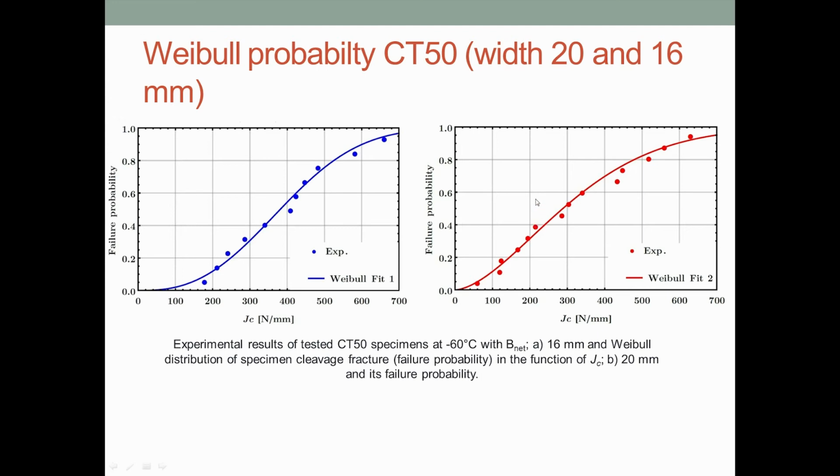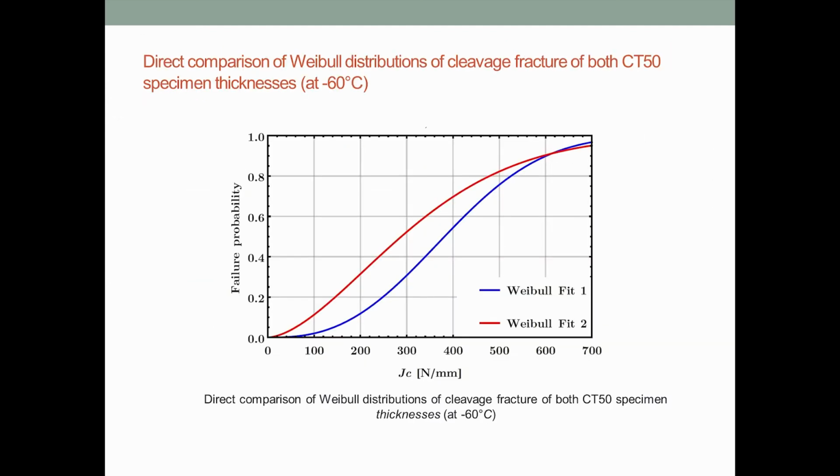Here we can see two almost identical curves showing failure probability of the tested CT50 specimens. Now on the slide we can see a direct comparison of Weibull distribution curves for fracture probability of both types of CT specimens.